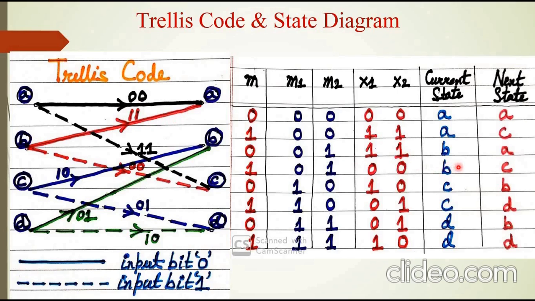Now, if current state is B, input is 1, next state will be C and output is 0, 0. So this dash line will go from B to C. So output will be 0, 0 from B to C.